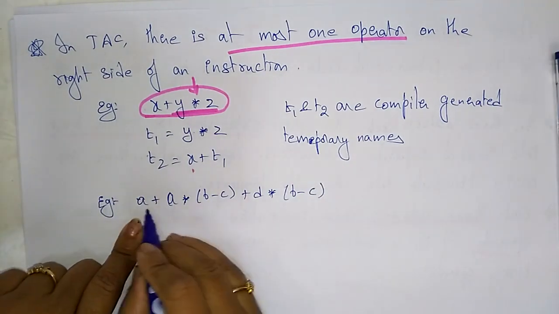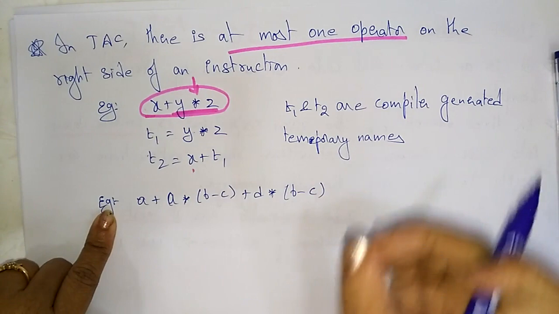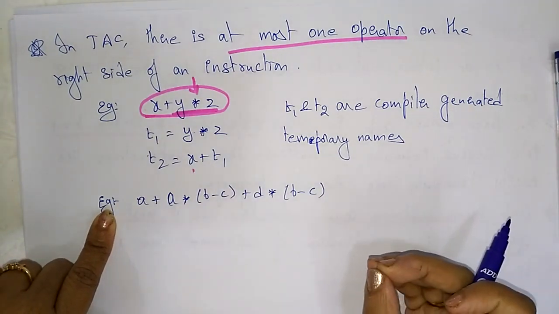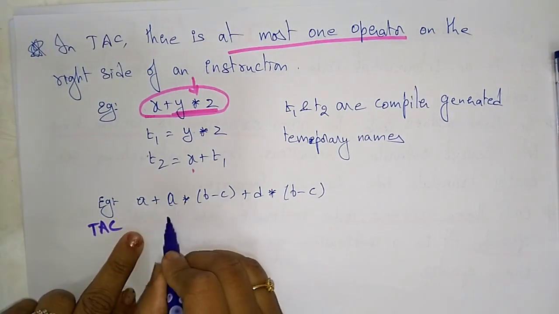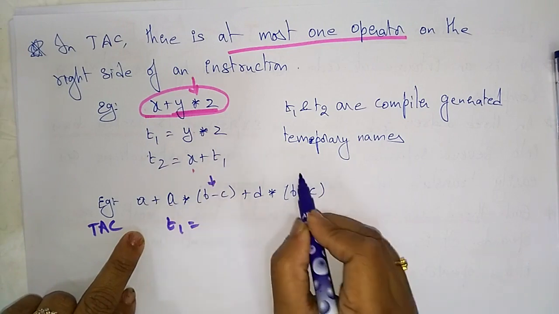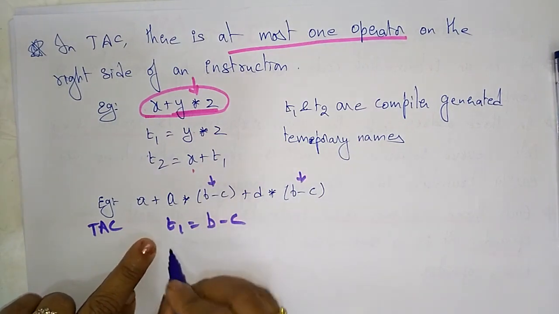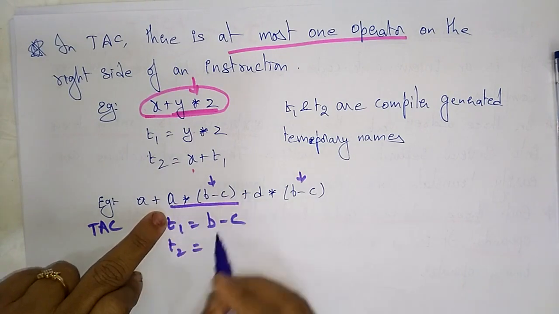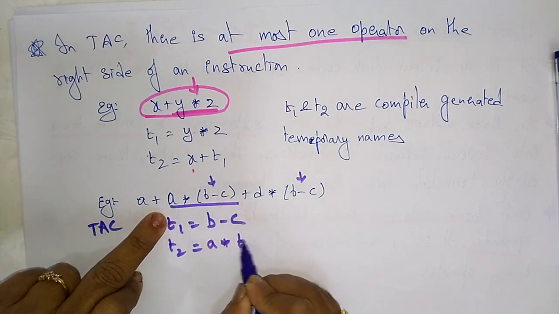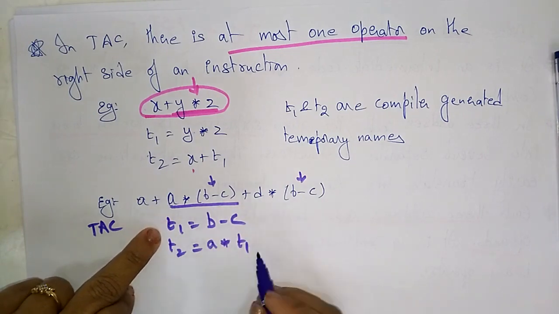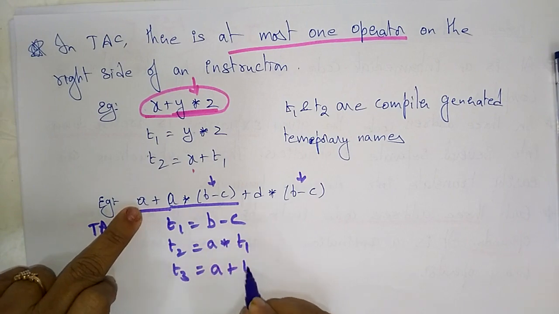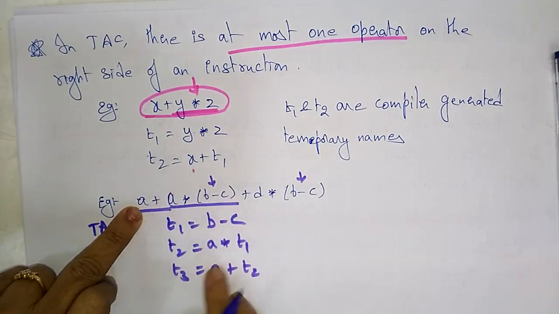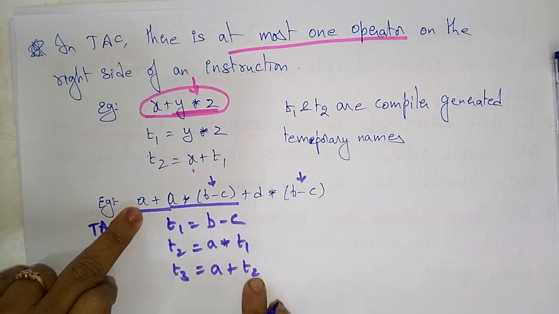Now let's take this example. This much of the expression I'm breaking down into separate parts. The 3-address code for this equation is: T1 is equal to B minus C. Next, T2 is equal to A into T1, because B minus C is T1. Now T3 is equal to A plus T2; instead of writing the complete equation, I'm just writing T2.